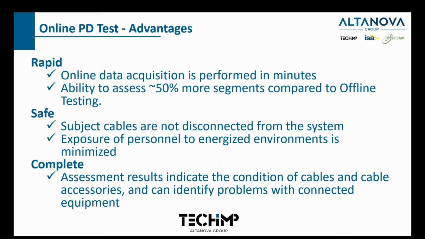So this is an advantage, and also a disadvantage. The advantage is we can see a lot of things even outside the testing scope. The disadvantage is there are so many things connected to the cable system, so we need very good knowledge to distinguish these signals from different sources.